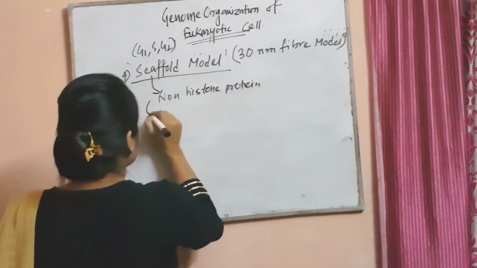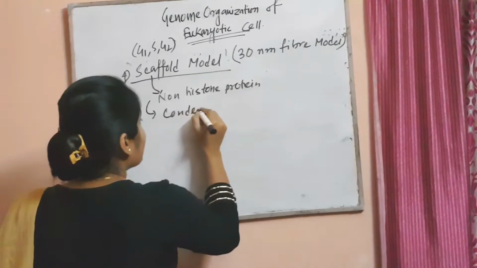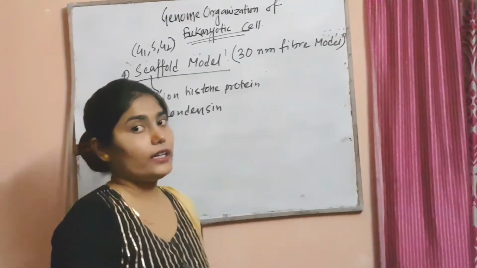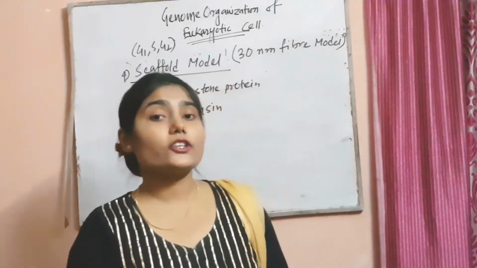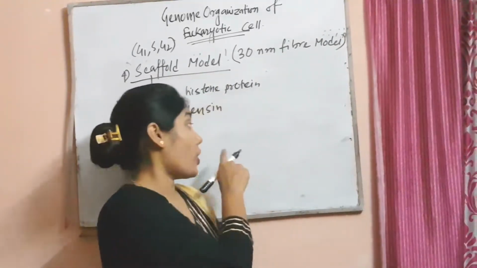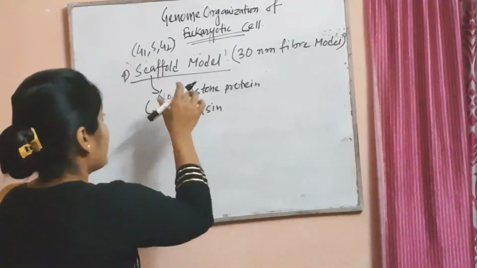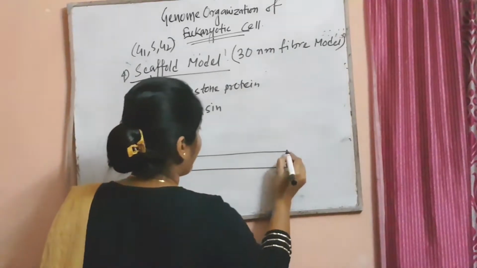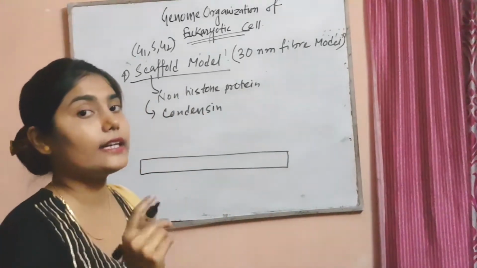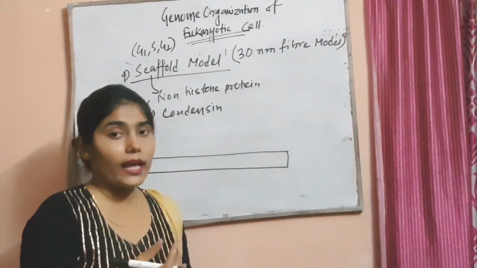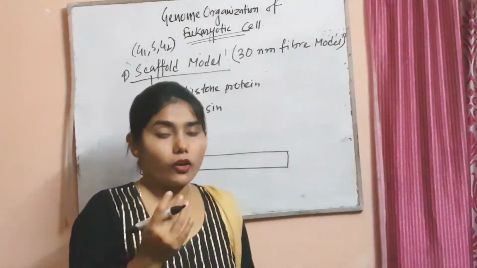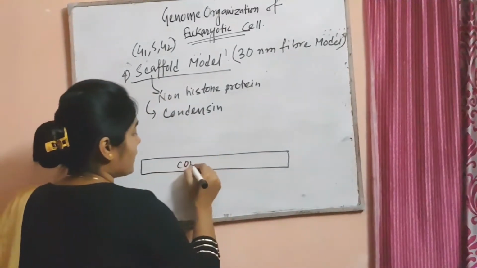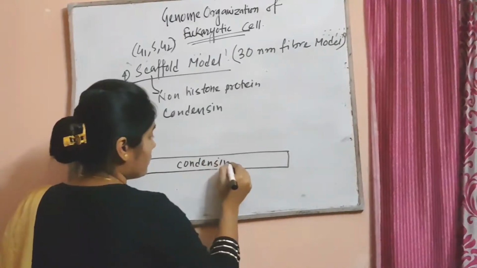An example of this is condensin. The solenoid model interacts with the scaffold protein, which is condensin. This is the condensin protein. When the nucleosomes interact and form the solenoid model, the helical conformation is attached to the condensin protein.